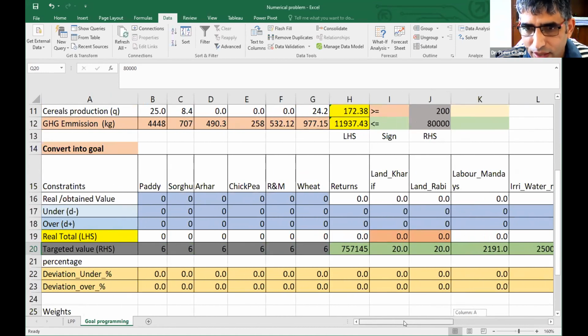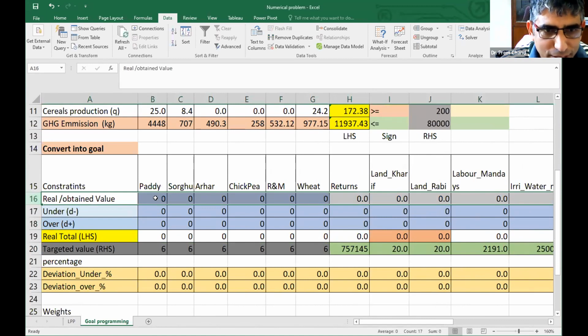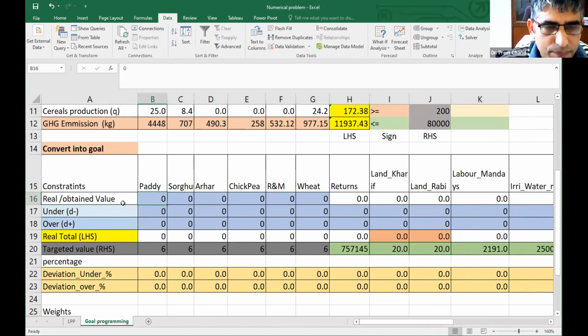Goals means what I said, that I will add negative under deviations and over deviations. I can accept under deviation or over deviations. So what I will do is my obtained value will be here. This is my decision variable, means cells B16 to G16.